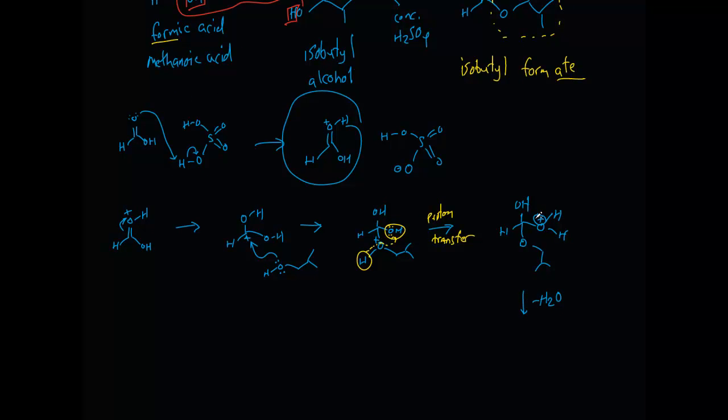So if water leaves, these electrons are going to go there, and you have something that looks like this. Oops, almost forgot that isobutyl group there. And if the electron leaves, it's going to leave a positive charge on this carbon there.